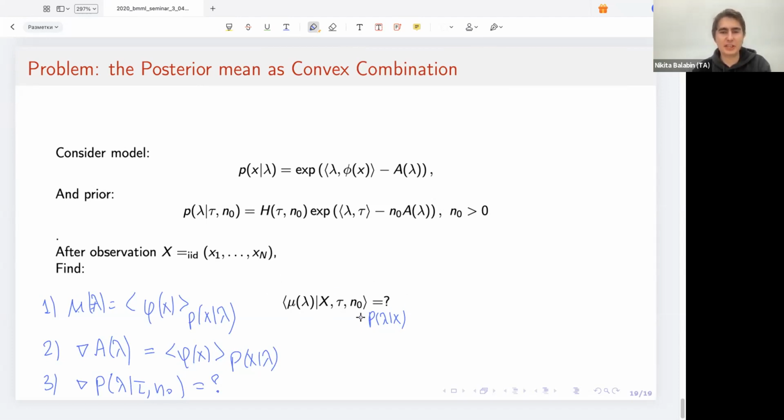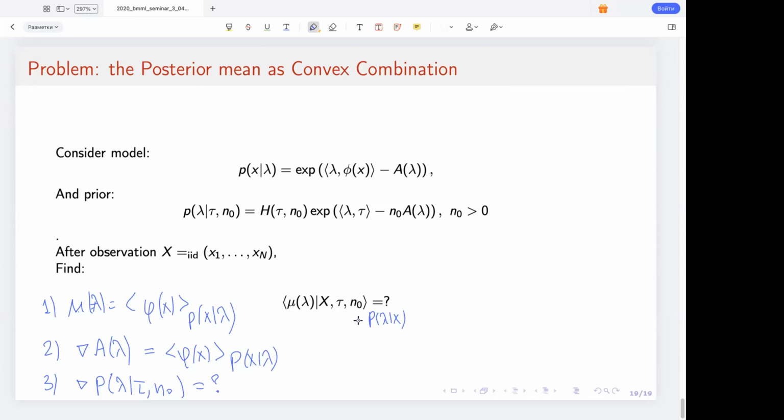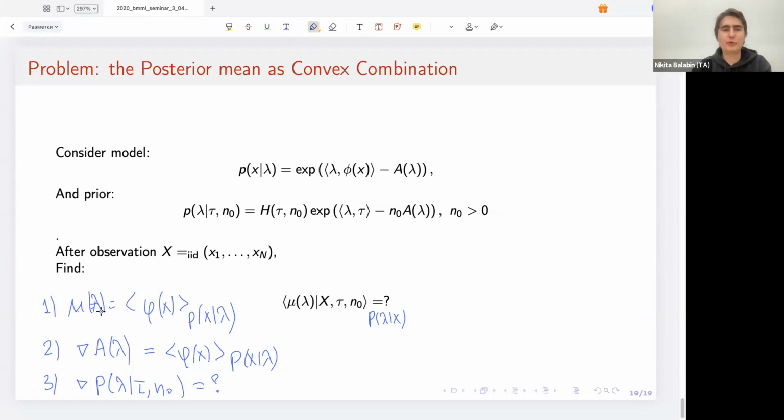Calculate this expectation. And this is an expectation. So mu of lambda, this is the mean parameters. It can be expressed like this. You know that the gradient of the normalizing constant can be expressed in the same way.